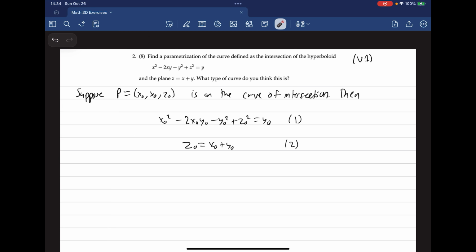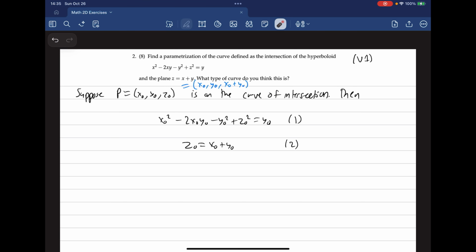So what stands out to me from these? Well, we can see that equation 2 gives us z naught in terms of x naught and y naught. That's good for two reasons. One, that lets us simplify the coordinates of our point to just this right here. Notice now that we've expressed the z coordinate in terms of our x and y coordinates.